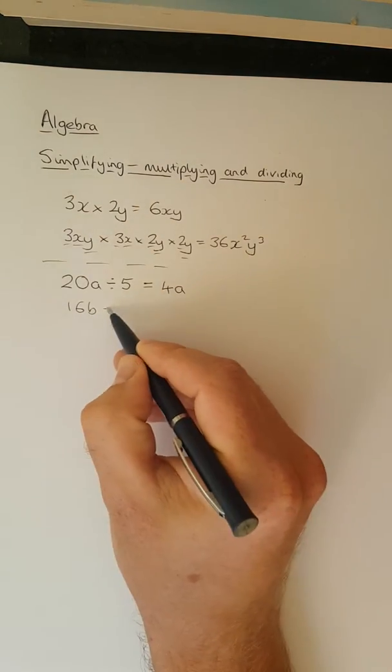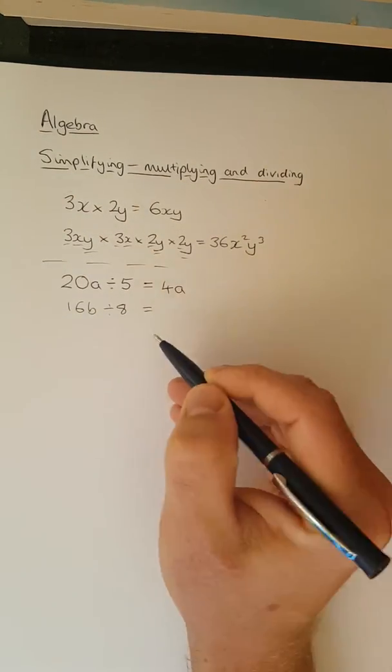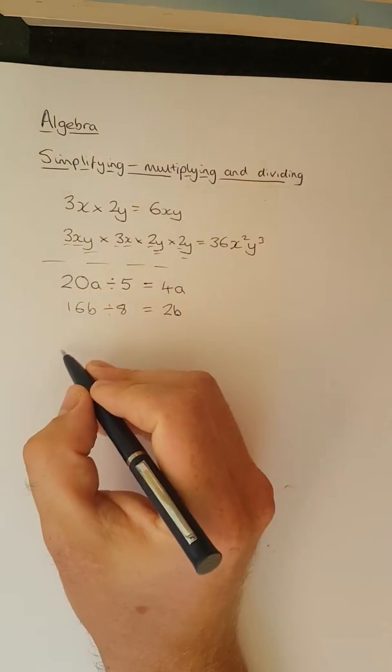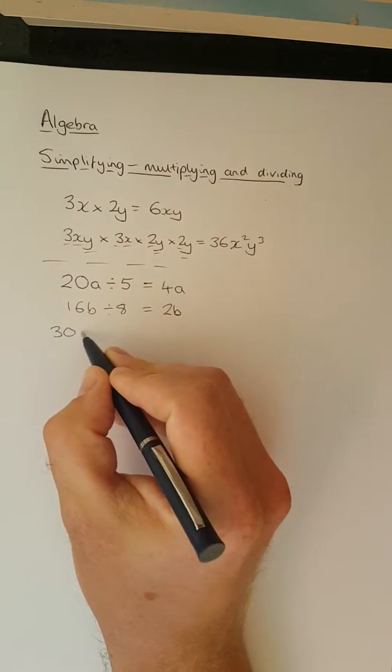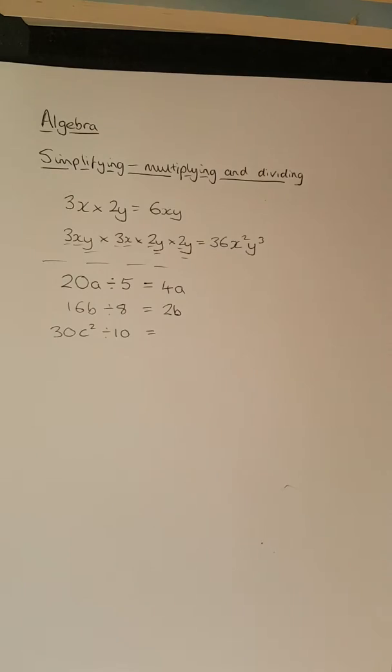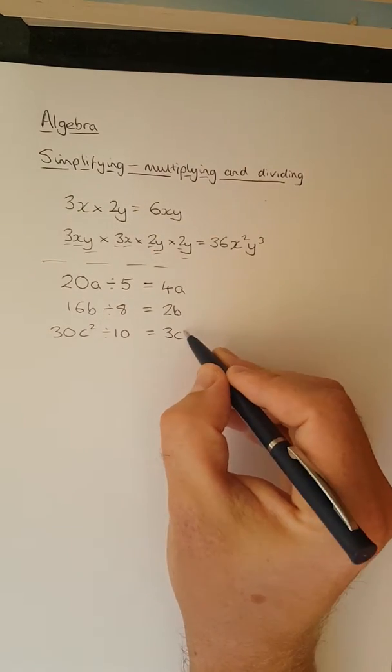So 16b divided by 8 is 2b. 30c squared divided by 10 is 3c squared.